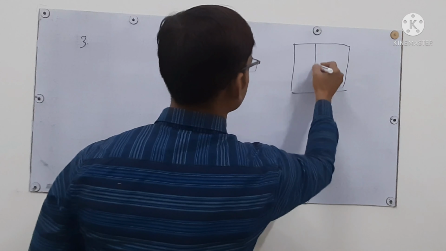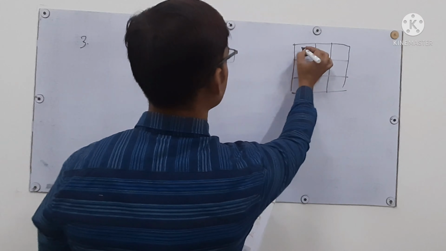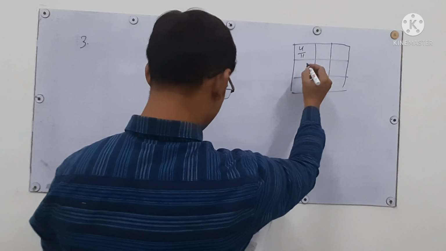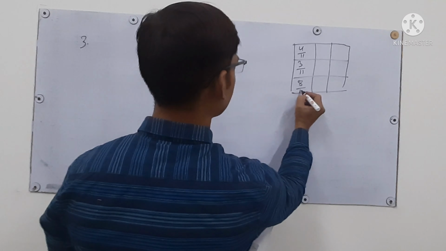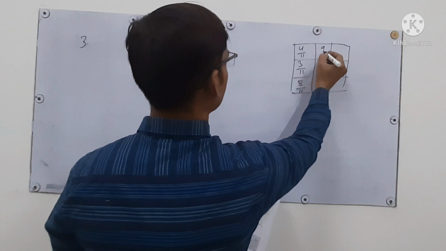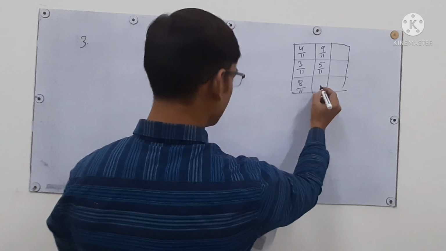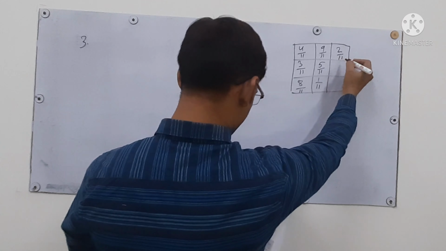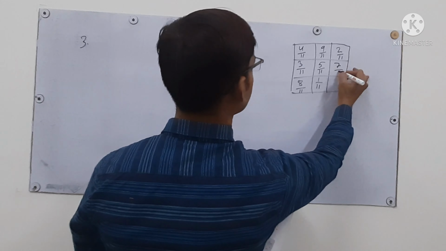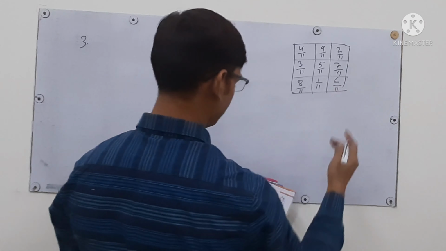Here it is: 4/11, 3/11, 8/11, 9/11, 5/11, 1/11, 2/11, 7/11, and here it is 6/11.